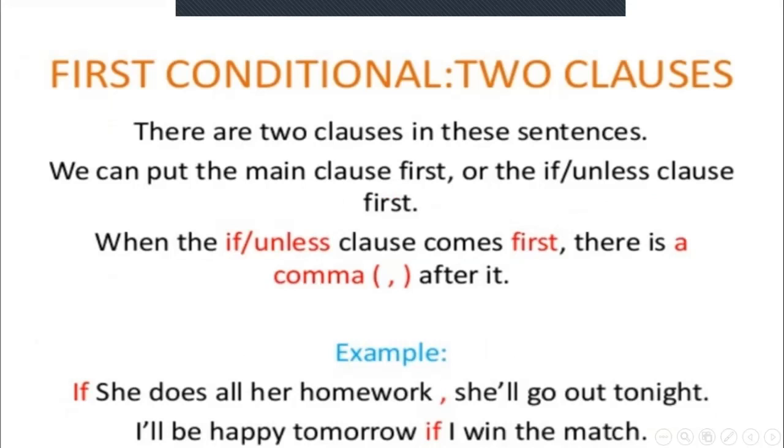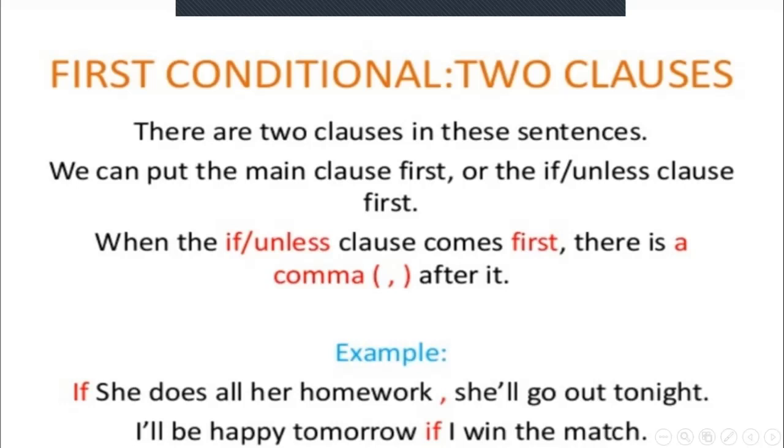For example, if she does all her homework, she will go out tonight. Look here, my students, here we begin the sentence with the if clause, so we use a comma after the first clause. If she does all her homework, what will happen? She will go out tonight.